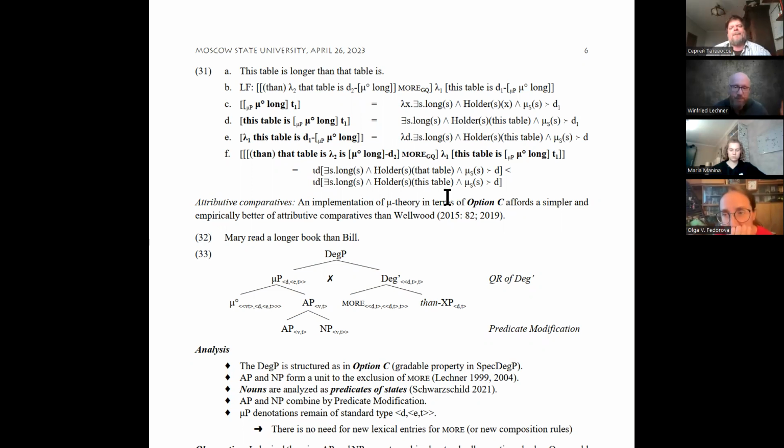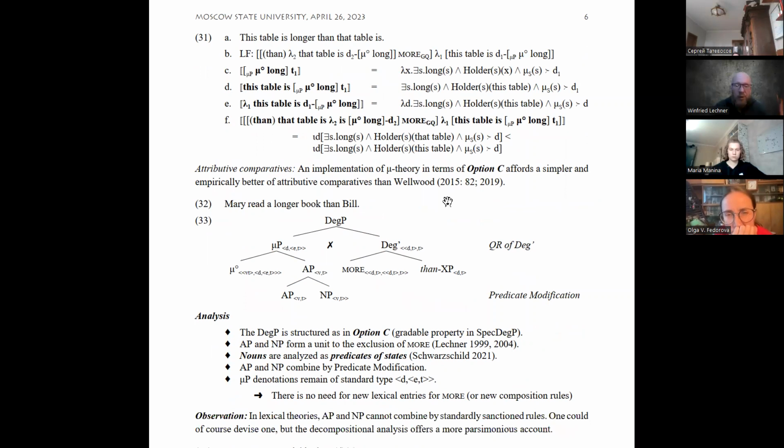Okay. Now, let's look at what this theory does once we go into a slightly more complex structure: attributive comparatives. Mary read a longer book than Bill. So again, we have a structure.